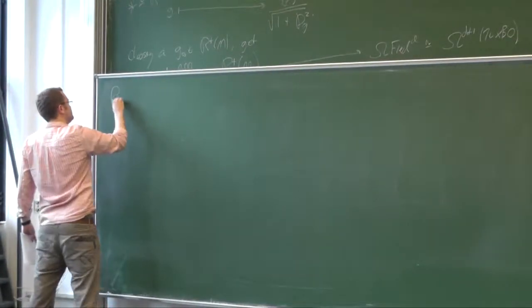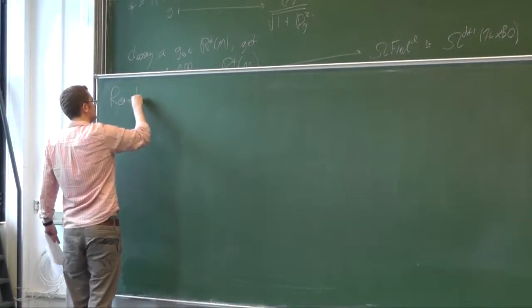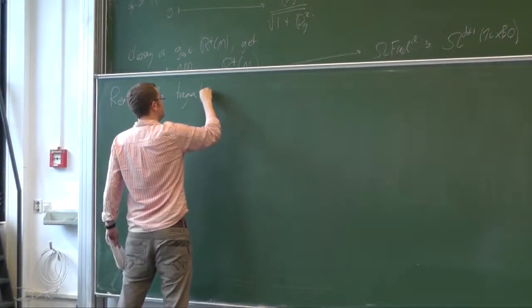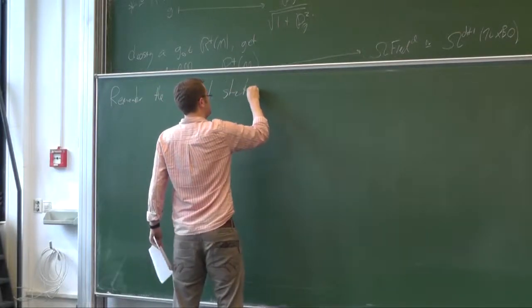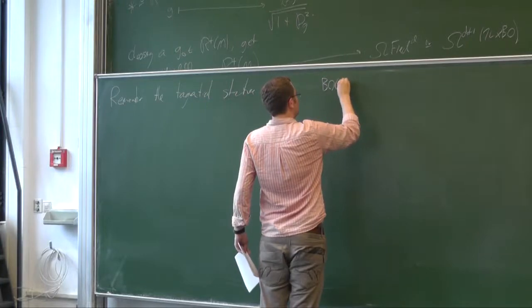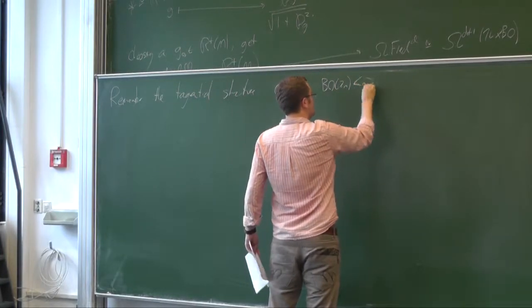So remember, the tangential structures, what I call theta n, and they were, you take BO2n and you take the n connected cover.